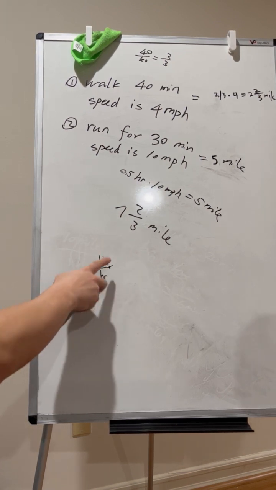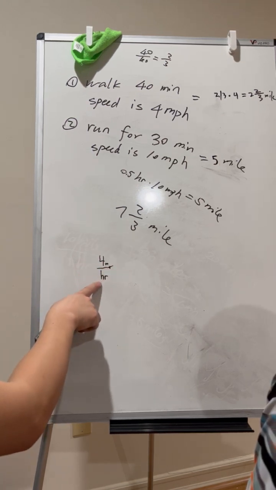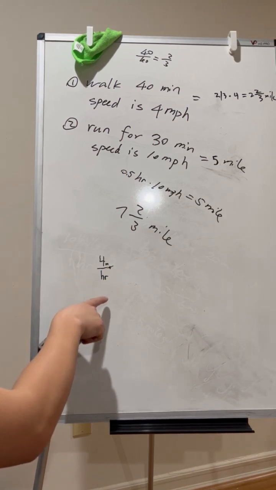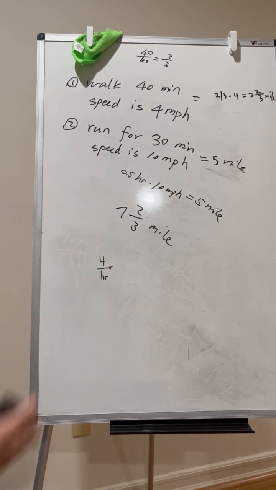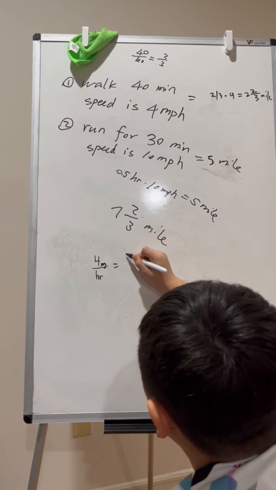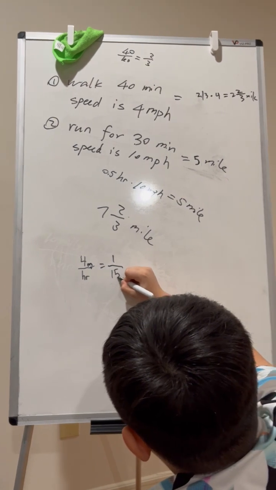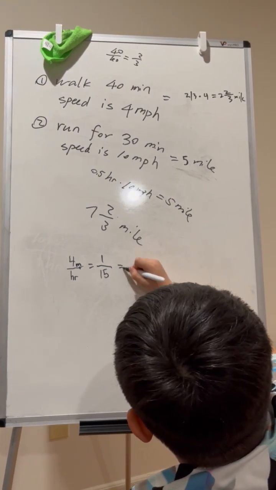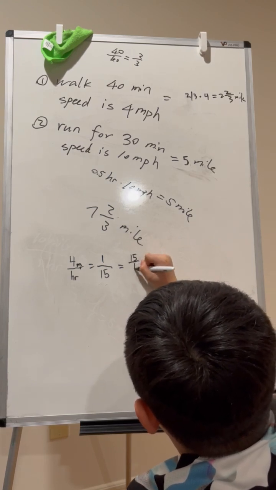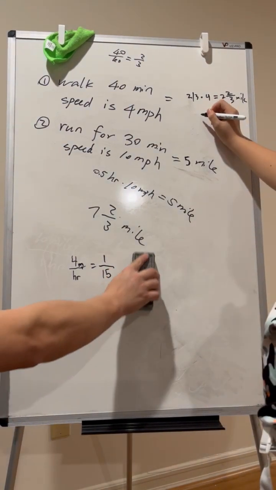So here's how you read it, right? 4 miles per hour. When you say per, it's a division. Okay, so write miles here. No, write the unit here.